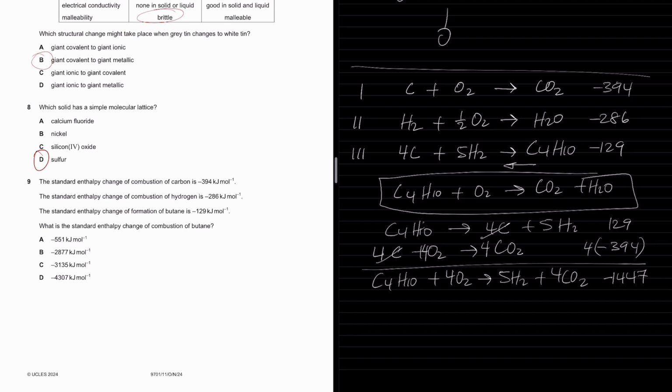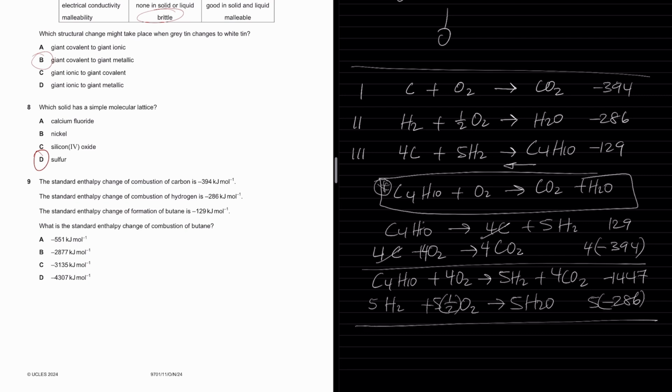Now I need to cancel the H2 because in the reaction that I want, there's no H2 on the product side. So I'm going to join this with reaction 2. So H2 plus half O2 gives you H2O, and the enthalpy is minus 286. Now the H2s won't cancel unless I multiply the second reaction by 5. So everything by 5, including the enthalpy.